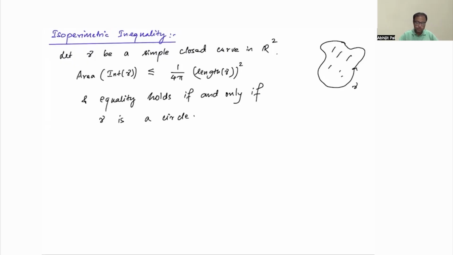Suppose I take a circle and the radius of the circle is r.